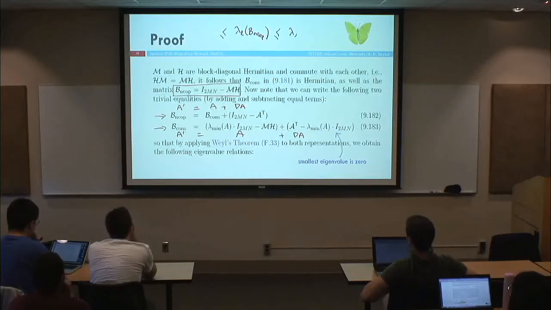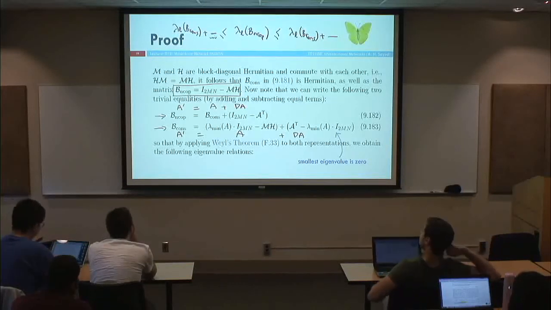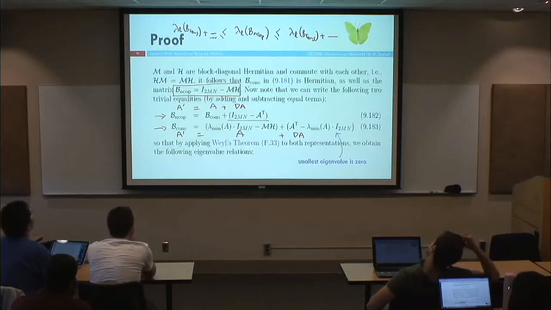The nth eigenvalue of the consensus B plus something, and the nth eigenvalue of the consensus B plus something, right? What was this something here? The smallest eigenvalue of the delta A, right? The delta A, its smallest eigenvalue is 0. So I get what I wanted.